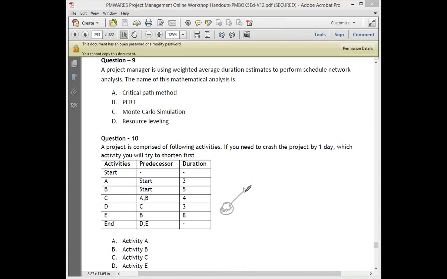Then second is B, 3 and 5, and then C depends on A and B, which is 4. Then D depends upon C, which is 3. Then E depends upon B. And this is 8, right?